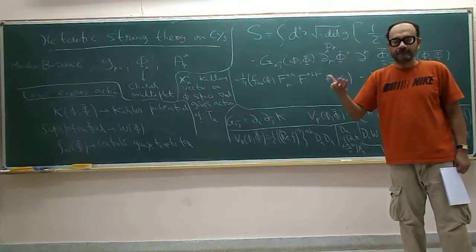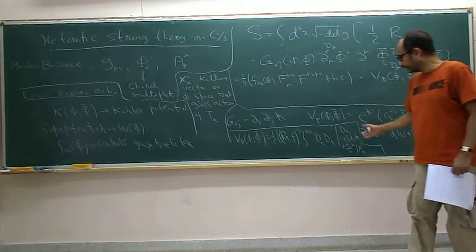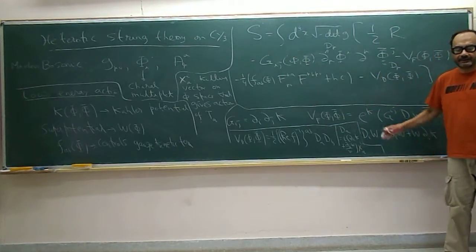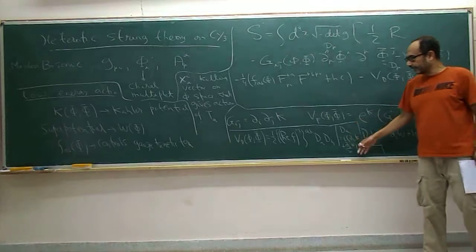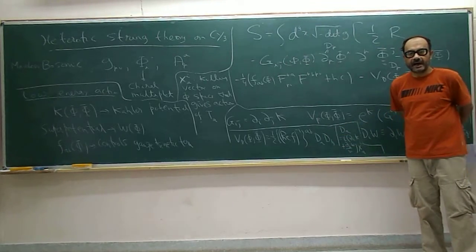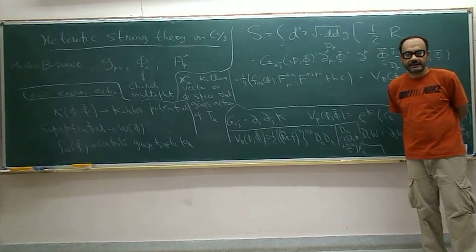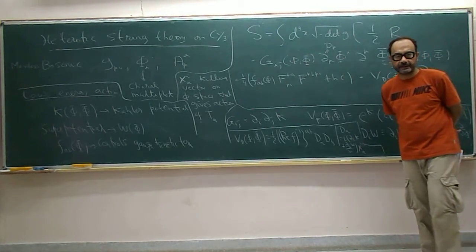It moves more. You can easily check that in global n equal to 1 theory, this will reduce to a standard half d_A d_A kinetic D-term potential. But this is a general structure that you have for n equal to 1 supergravity.